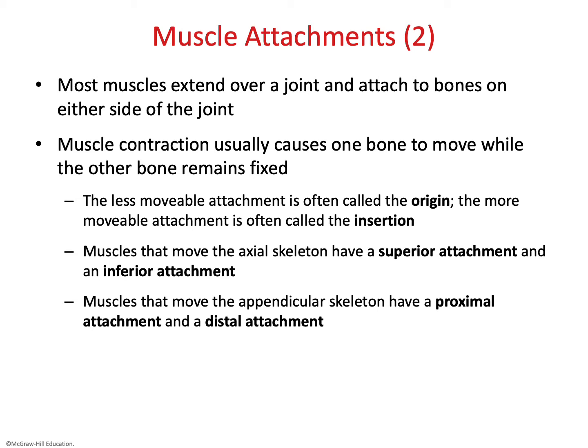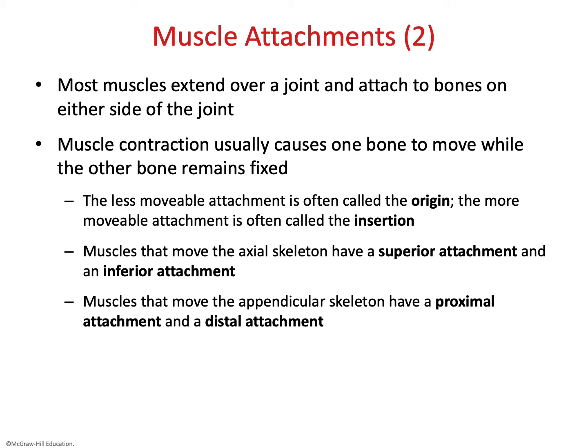The less movable attachment is called the origin of the muscle, and the more movable attachment is called the insertion. And knowing the origin and insertion are important in muscles because knowing where they originate and what bone they attach to will then help you figure out the action of that muscle, whether it flexes, extends, rotates, abducts, or adducts.